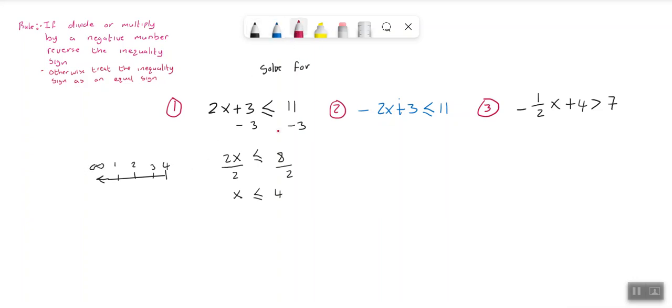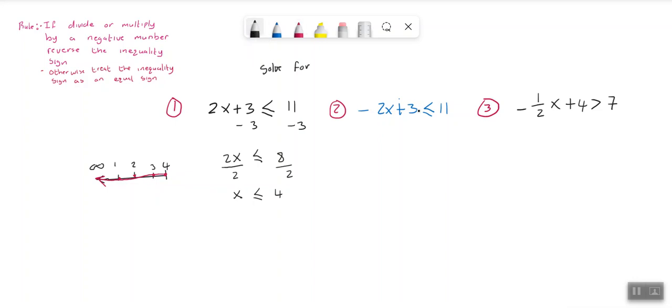So again, if we wanted to write that on the number line, x is less than or equal to 4, so it starts here and includes all of these numbers all the way right down to infinity. So instead of x just having one value, x in the case of inequalities has a range of values. So that's the first one.